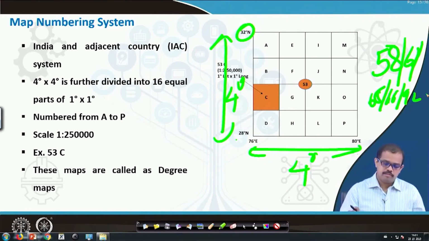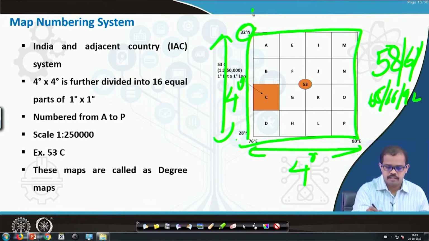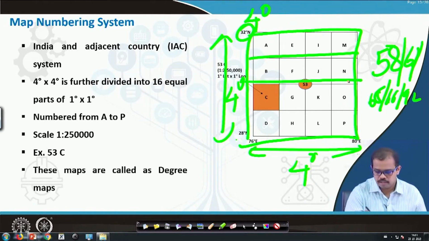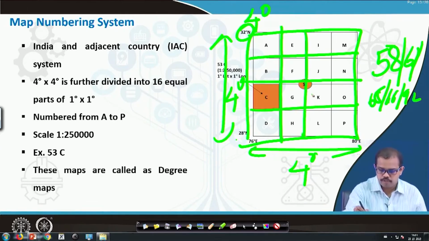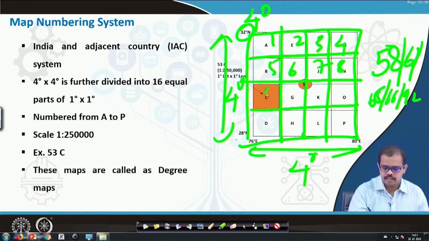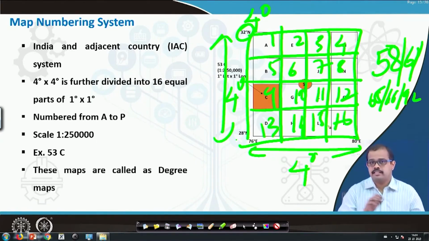So now once we have understood this, the next division: if this is the entire map that we have taken, this is a 4 degree by 4 degree map. Now if I divide this 4 degree map into 4 by 4 divisions, which means to say 1, 2, 3, 4, 5, 6, 7, 8, 9, 10, 11, 12, 13, 14, 15, 16, I have 16 cells.